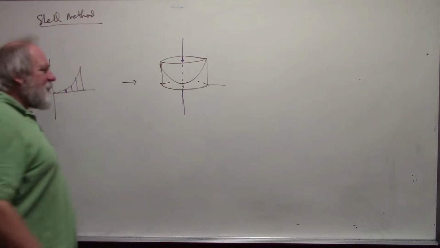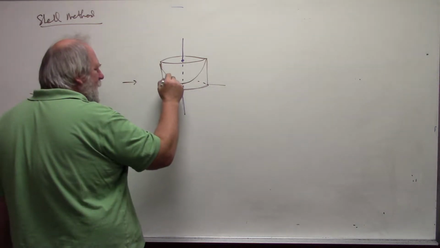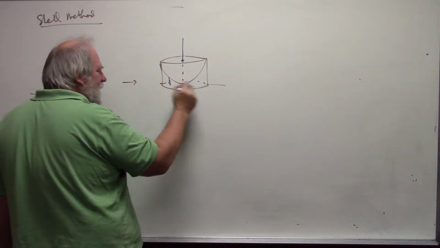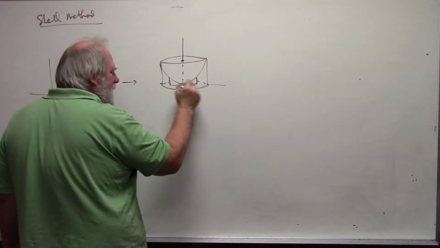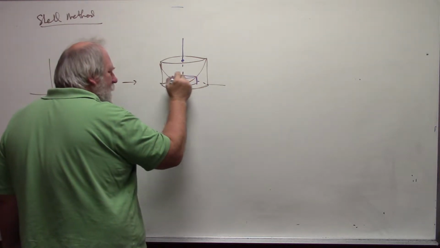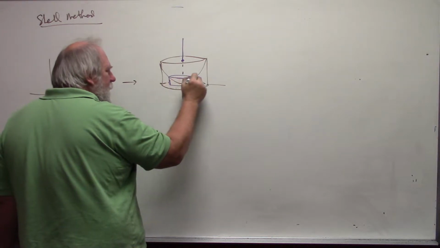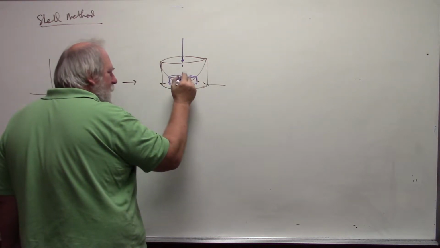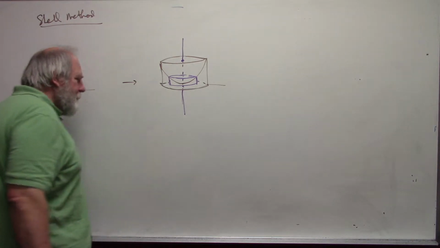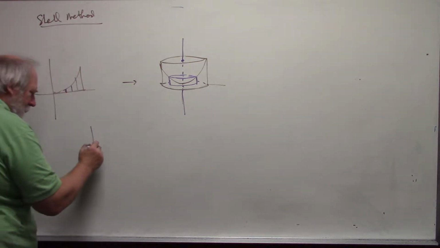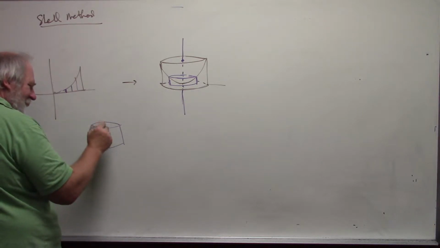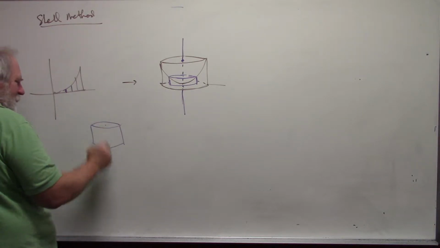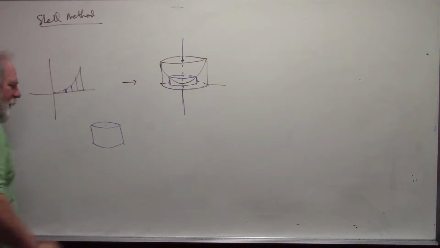What happens is we end up with what's called a cylindrical shell. Each of these gives us the shell of a cylinder. Basically, just the outside. If you were to take a can and get rid of the top and the bottom of the can, so those are open, just the outside part of that cylinder.